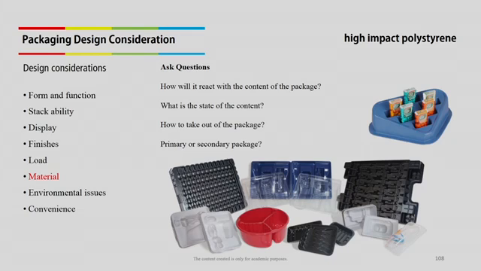Another good material for packaging is high impact polystyrene, also called HIPS. HIPS and other polystyrene products are well suited for food packaging and widely used in the fast food industry. It is cost effective to produce, can be recycled and therefore minimizes the effect on the environment.